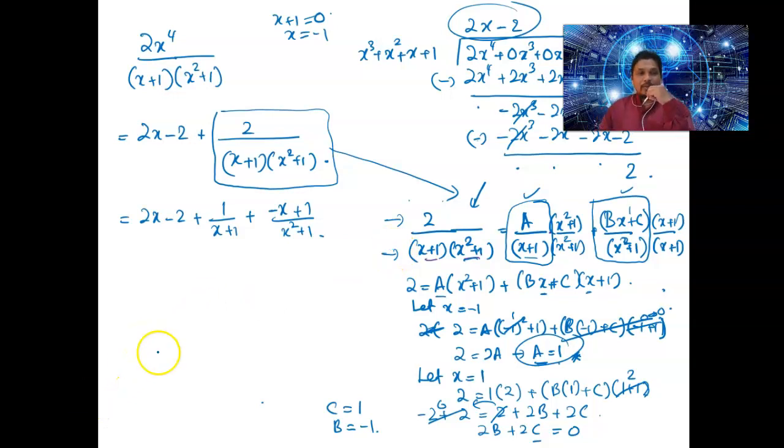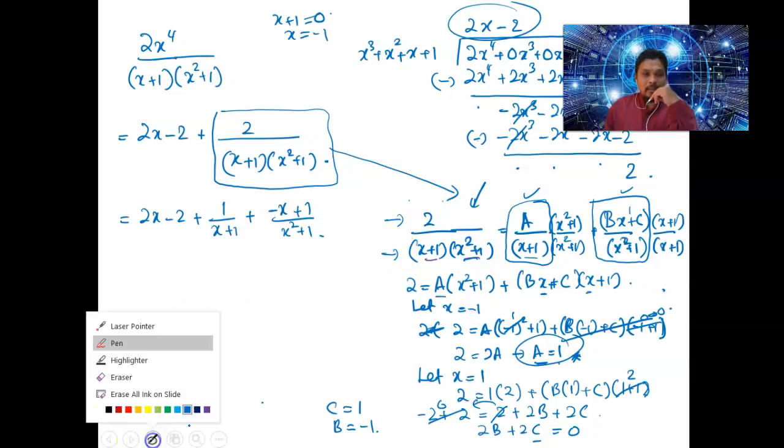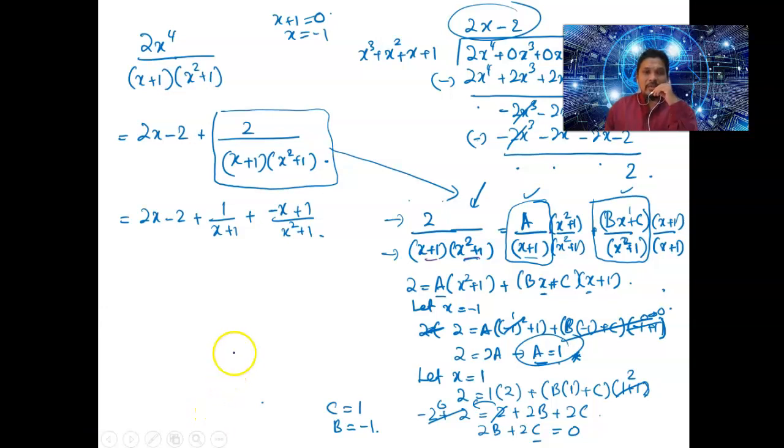Okay, class. So right now, let's see the steps that I use here. The first is to use long division to form what we call a polynomial here and a proper fraction.